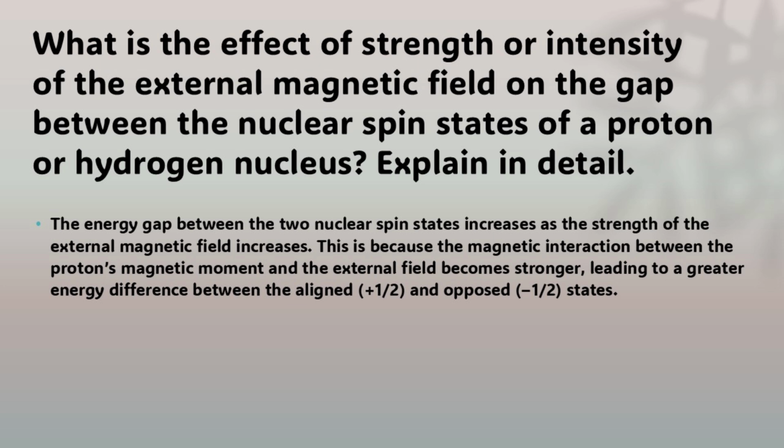It means that the energy gap increases as the strength or the intensity of the external magnetic field increases. This is because the magnetic interaction between the proton's magnetic moment and the external field becomes stronger, leading to a greater energy difference between the aligned +1/2 and opposed -1/2 states.